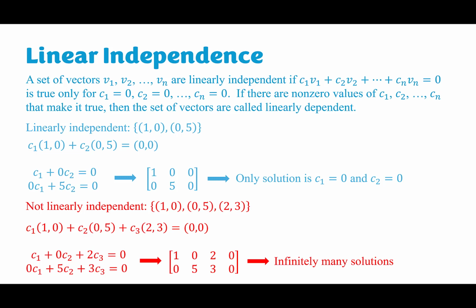That means you can't rearrange the equation to have one of the vectors expressed as a combination of the other vectors. So when C1, C2, and all the other constant multiples are 0, you can't rearrange the equation to solve for one vector in terms of the other. That means they're independent because you can't write a vector as depending on the others. So hopefully that gives a more intuitive idea on why we're calling it independent and dependent.